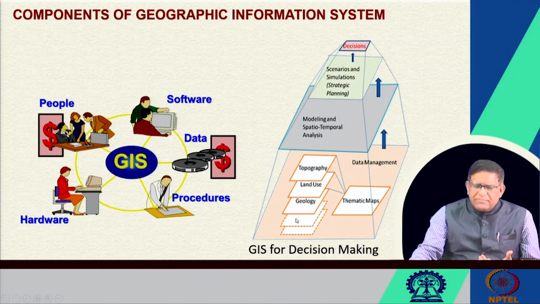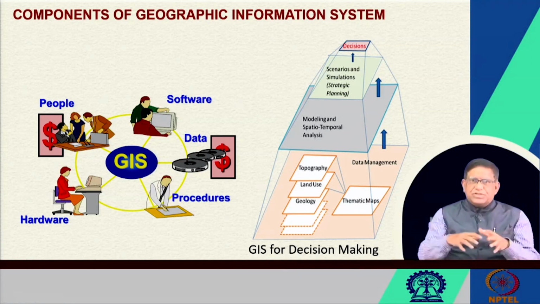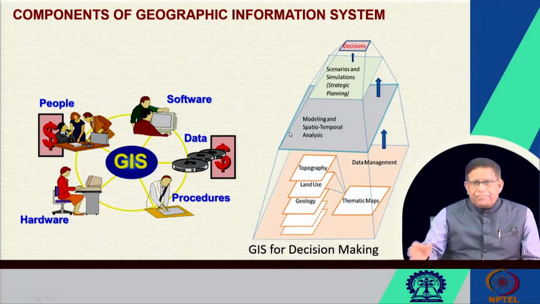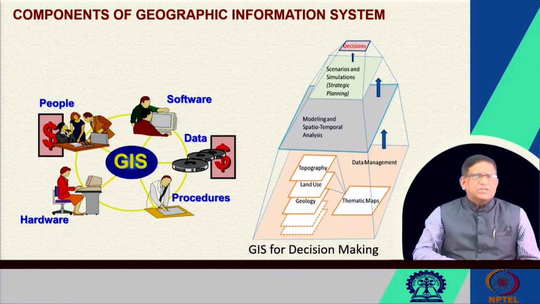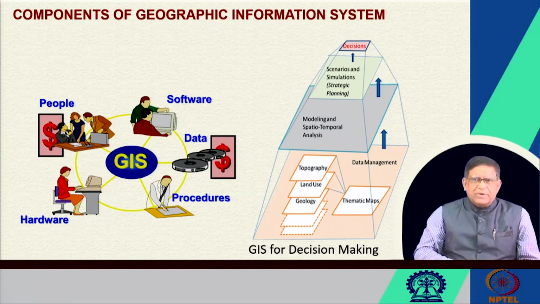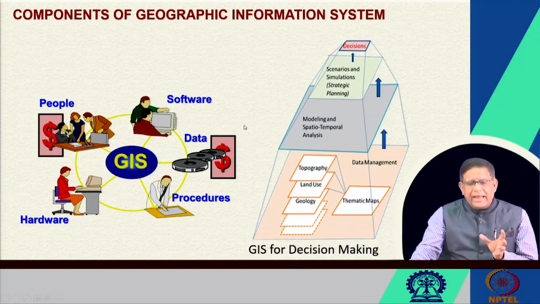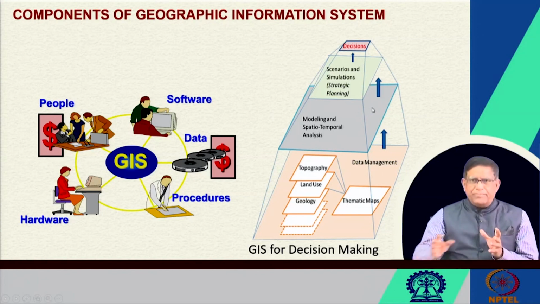Then from this database you can develop models and spatial analysis, for example, in which directions the traffic can cause a problem, whether the traffic will affect schoolchildren if primary schools are on the roadside or not. These things can be modeled, and then you can create scenarios.